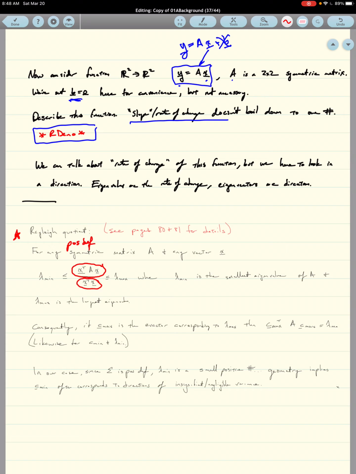So if x has length 1, the denominator that I just circled is 1, of course. But the quadratic form, suitably normalized by the length of the vector x, is going to be less than or equal to the largest eigenvalue and greater than or equal to the smallest eigenvalue. Okay, so that's sort of a picture of that.